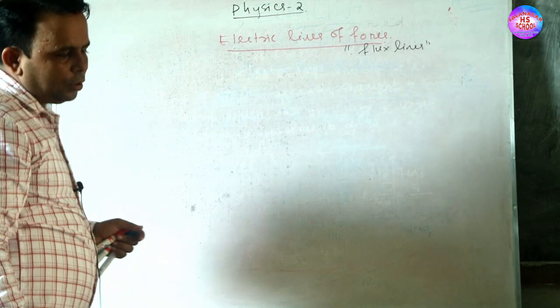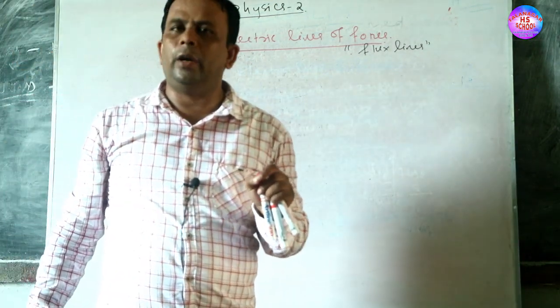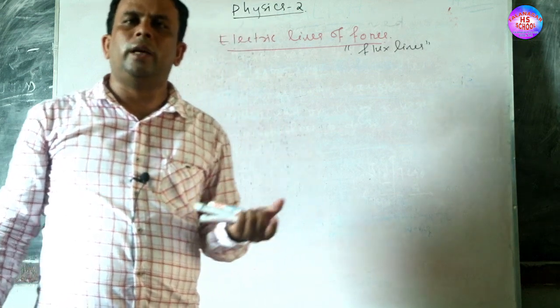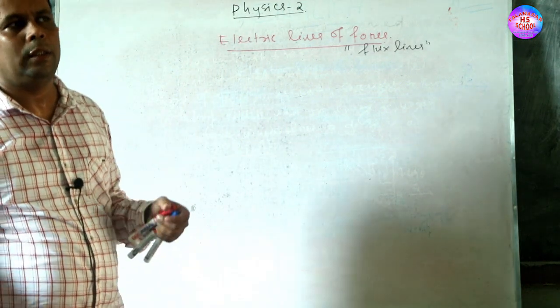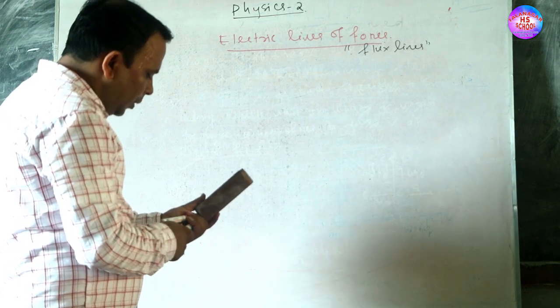Electric lines of force are also defined such that the tangent drawn at any point on the curved line gives the direction of electric field intensity at that point. For different charges, we have different lines of force.